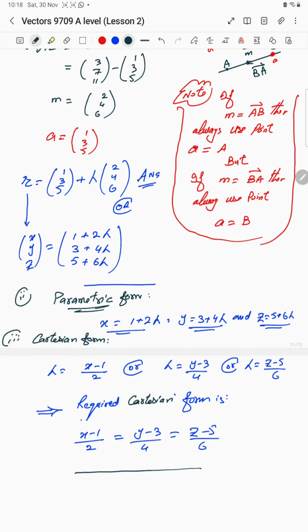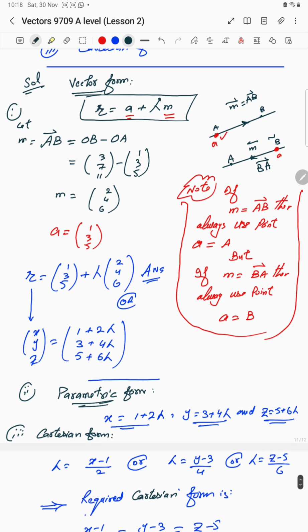The point which you need to keep in mind is this, which I wrote in the form of a note. It is a very important point that if you are taking the direction vector from A to B, then always we will take the point on the line as A. But if you are taking the direction vector from B to A, then the point on the line will be taken as the coordinates of B. That must be the starting point.